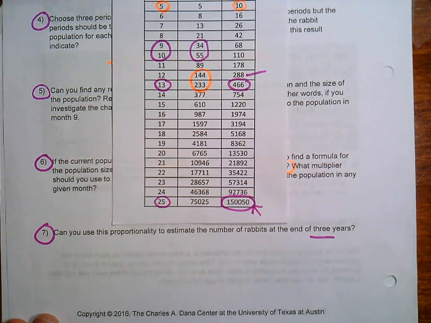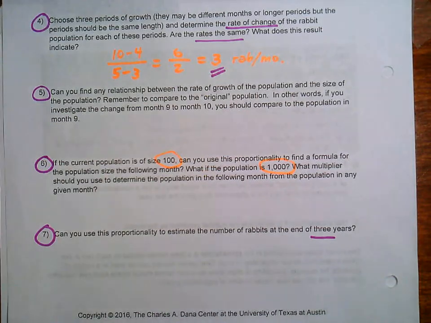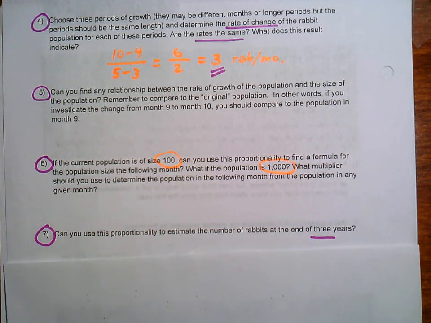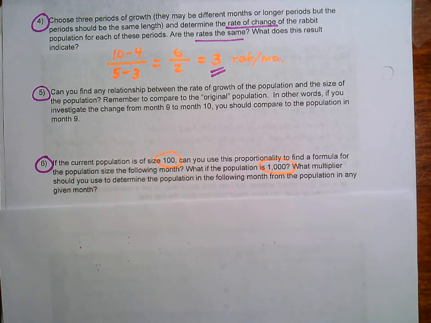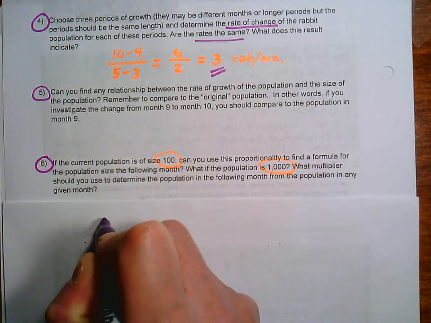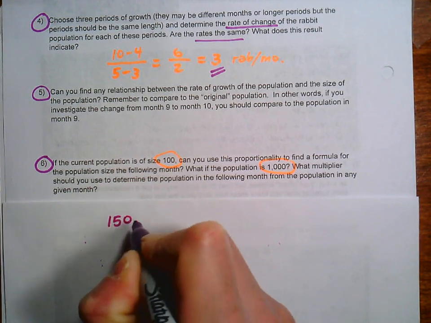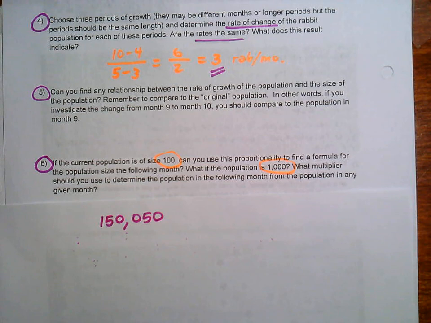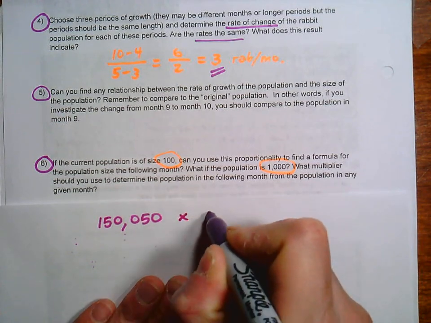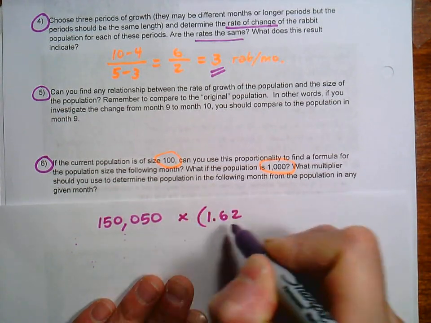So let's see if we can do that. All right, so I'll grab this piece of paper here. So I'm going to write down that number at the end of 2 years. Right, so that's this number here. And so if we multiply this by 1.62, we'll have 2 years and 1 month. So what we really want to multiply by is 1.62 12 times, right?